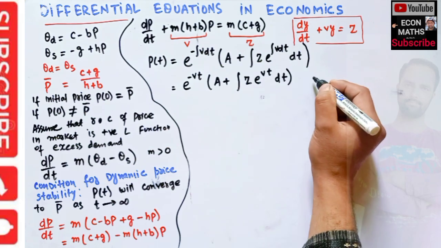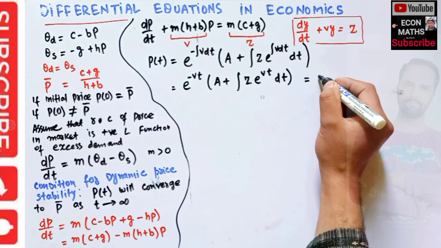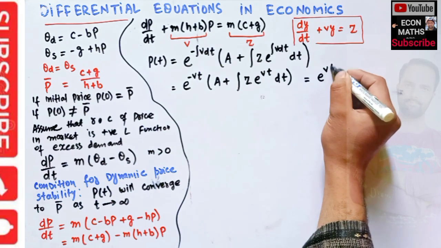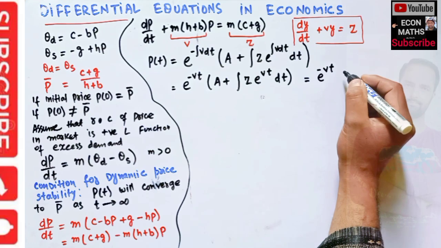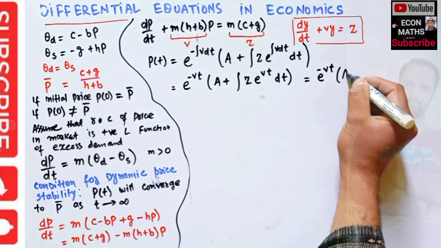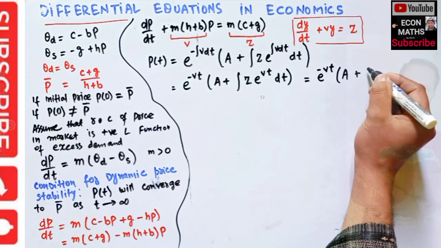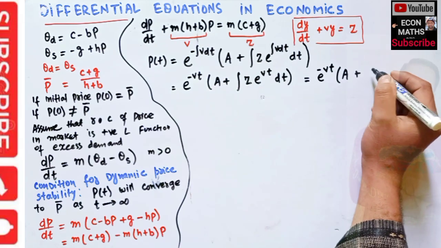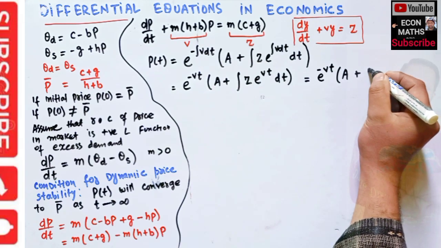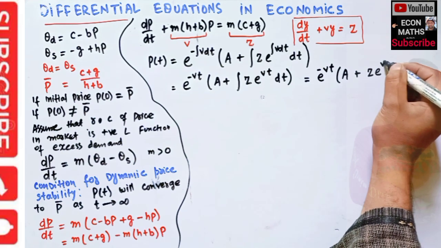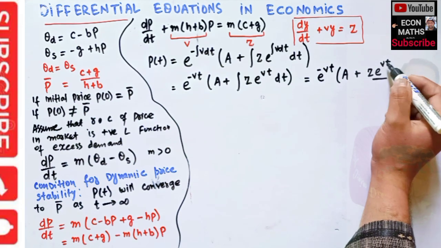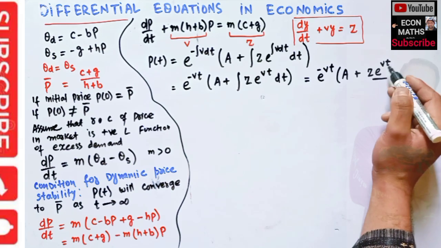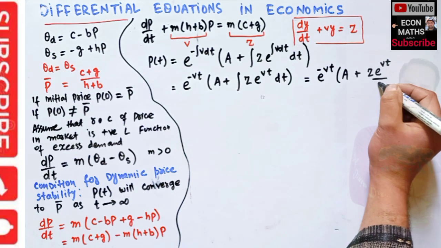Solving it again, it will become e raised to the power minus vt, then we have A plus, now the integral of e raised to the power vt here will be equal to z e raised to the power vt upon v, because the integral of e raised to the power vt will be equal to e raised to the power vt upon v.